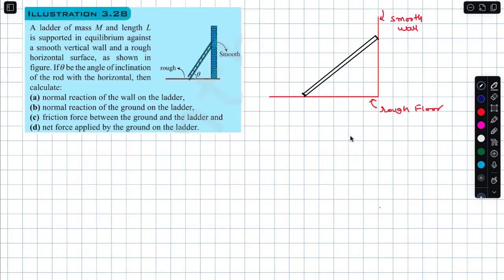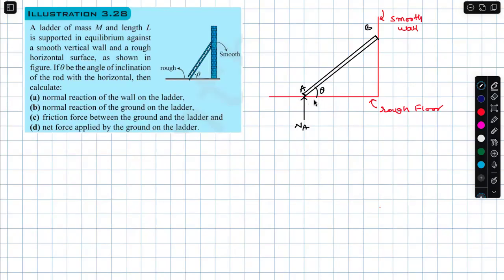Imagine that this is your ladder. Remember, you have one normal reaction here. We will call this end A and this end B, and this makes an angle theta. NA. Remember, if it is smooth, A will have a tendency to move in which direction?